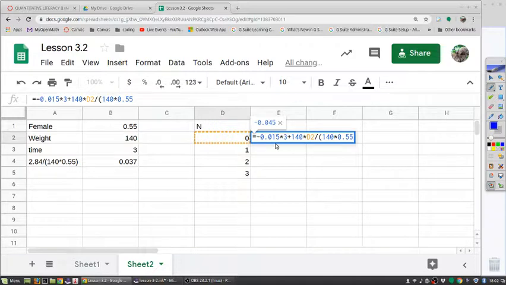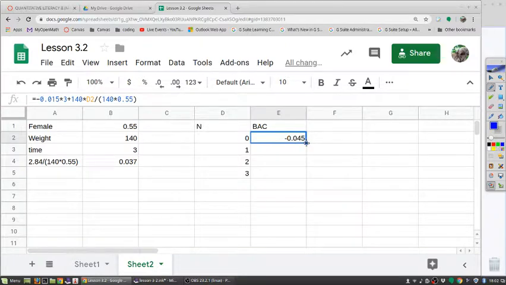And again, I could click on all of those numbers, but then I need a lot of dollar signs to make things stick. So I'm just going to do this for now. D2 is my variable. It doesn't need any dollar signs. All right, enter.